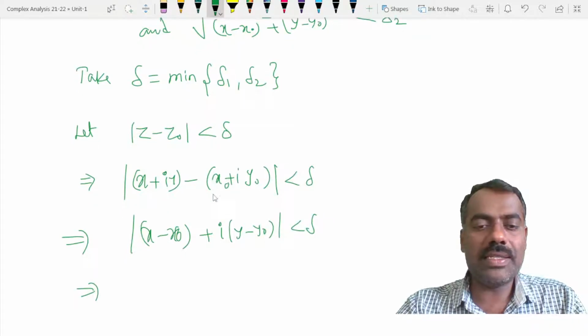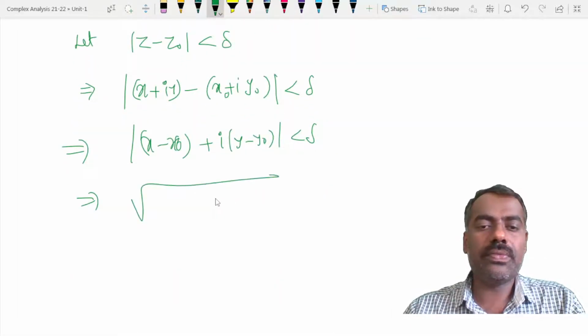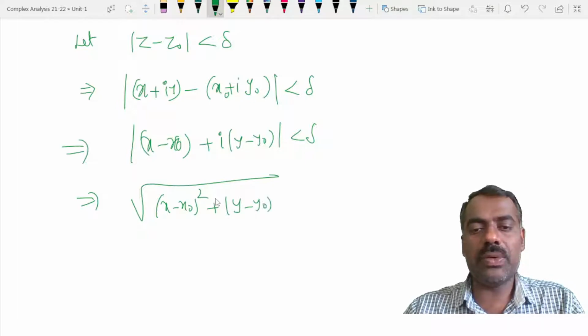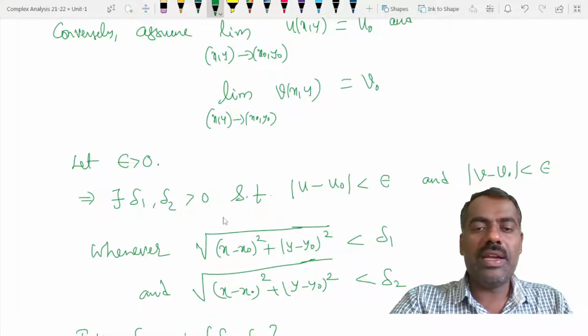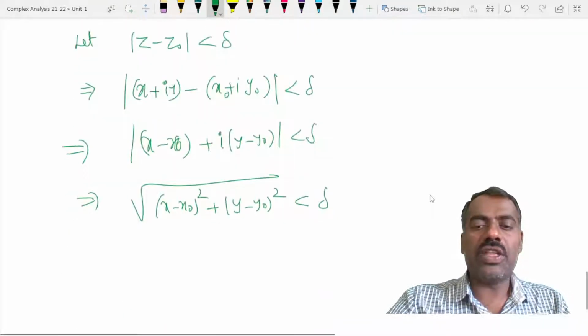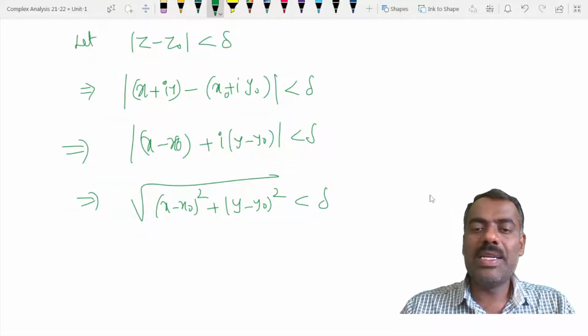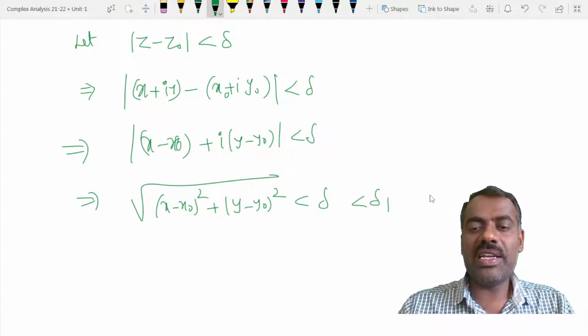This is same as the square root of (x − x naught) whole square plus (y − y naught) whole square is less than delta. But delta is the minimum of delta 1 and delta 2. So therefore, if something is less than delta, then it is also less than delta 1 and also less than delta 2. Is this clear?